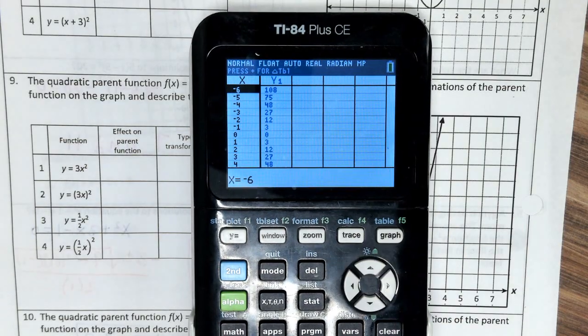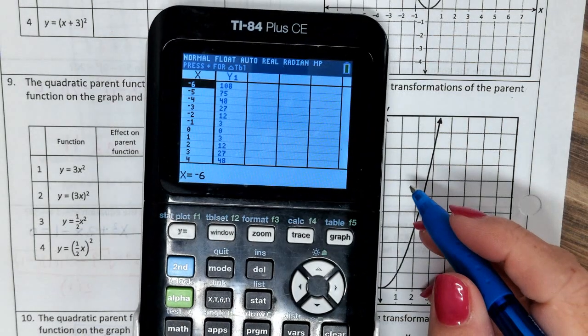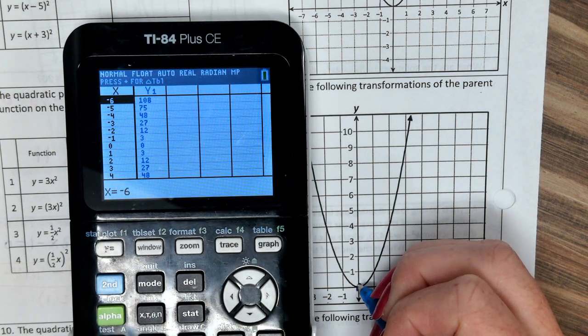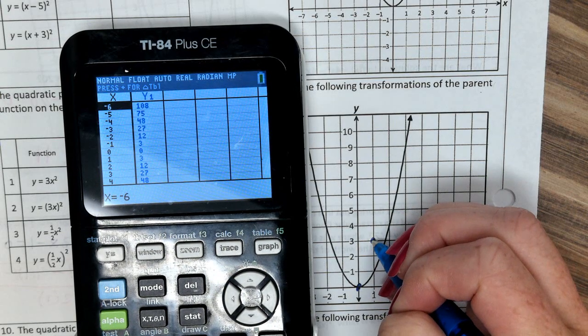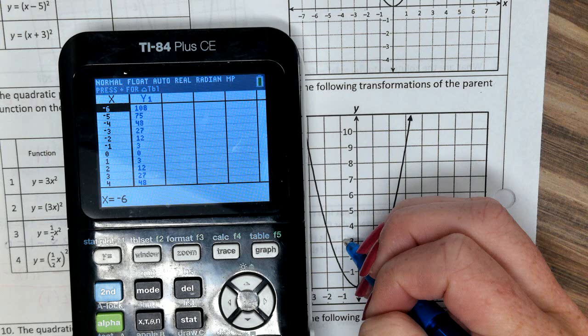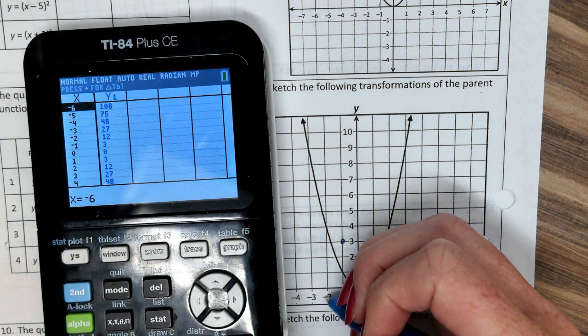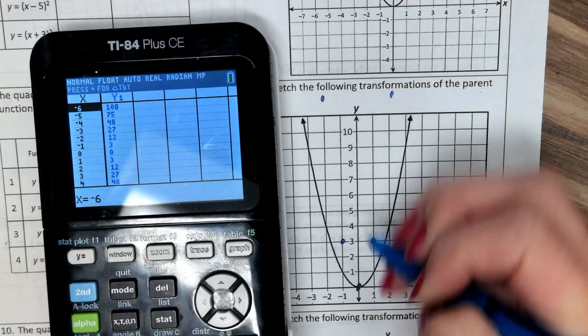I hit second graph, and I just go graph it over here, and that will show me what it did to it. So I have 0, 0, so it shares the vertex. It didn't move it at all. 1, 3. Negative 1, 3. And then all of a sudden it goes negative 2, 12, like up here, and positive 2, 12.